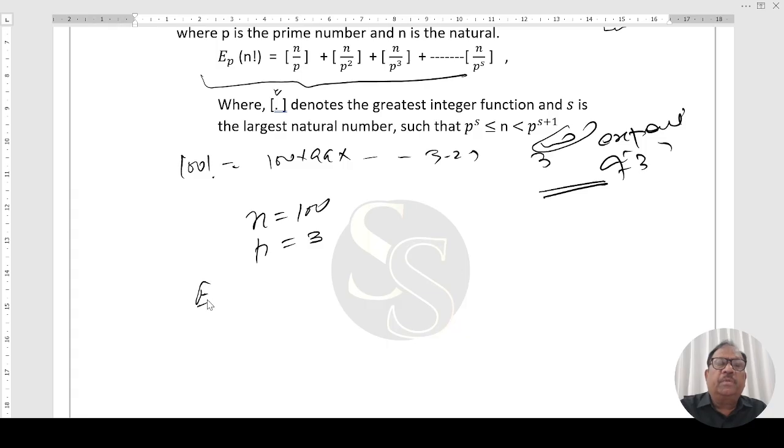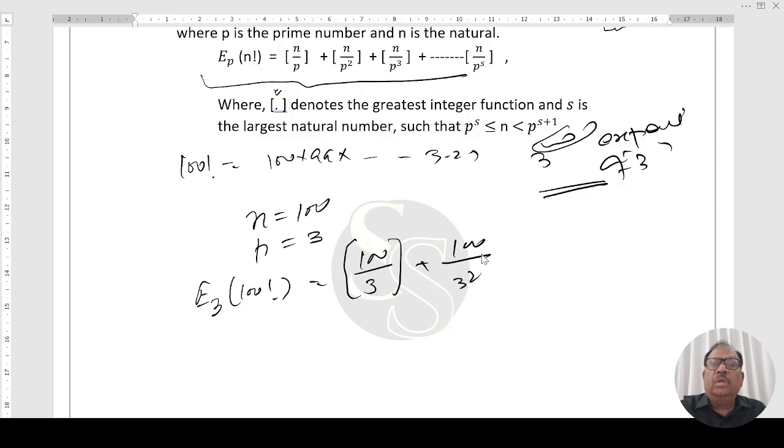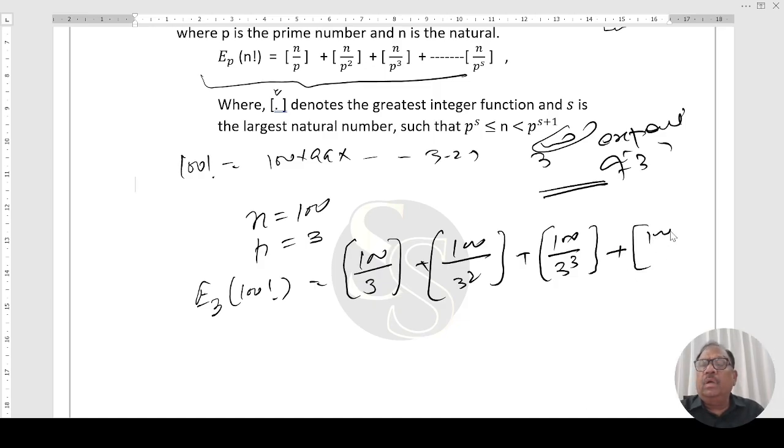We have to find exponent of 3 in factorial 100. That will be equal to 100 by 3 greatest integer function plus 100 by 3 square plus 100 by 3 cube plus 100 by 3 to the power 4 plus 100 by 3 to the power 5.